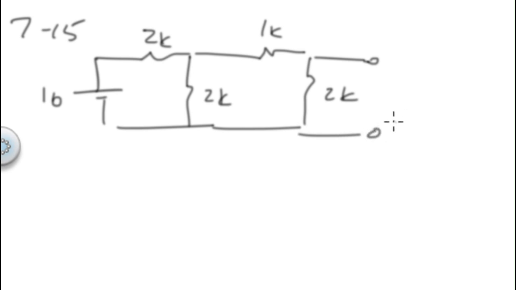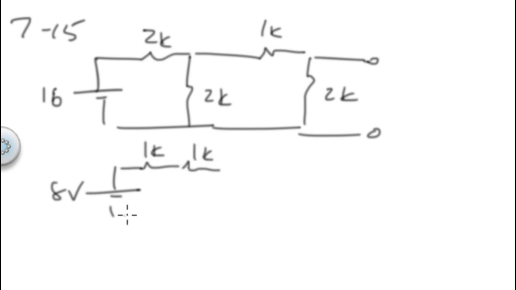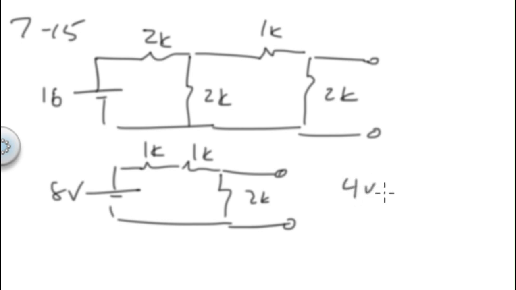And then we Thevenize. So basically the first Thevenin is going to be 8 volts. And these 2K and 2K become 1K. And you add the 1K back in, which makes it a 2K. And you go with a 2K here. So now we have what? We have 4 volts. And we have a resistance of 1K up here.